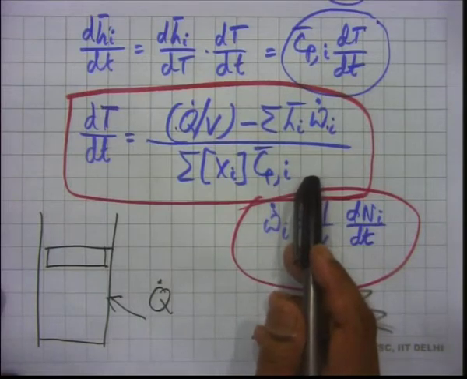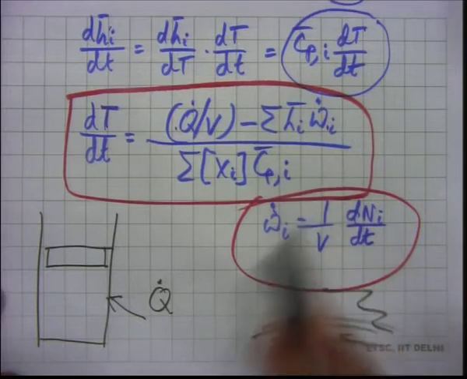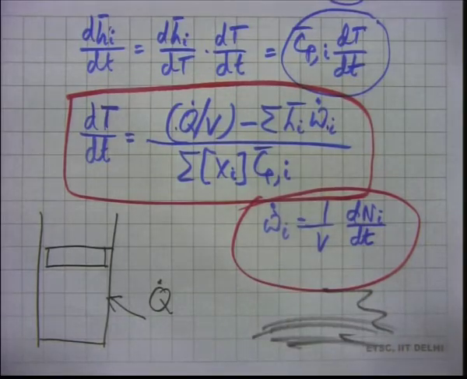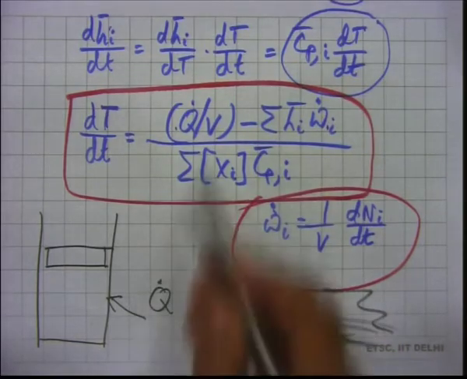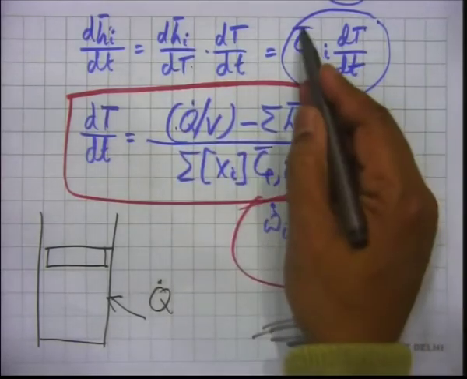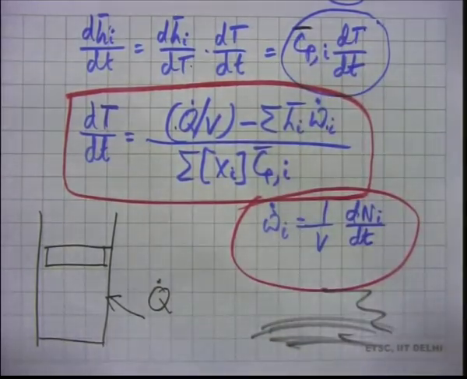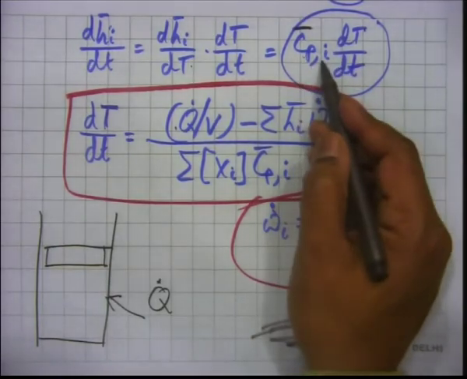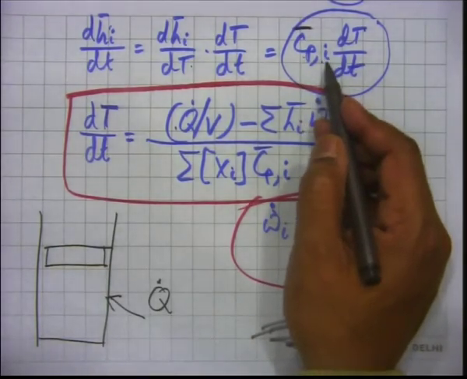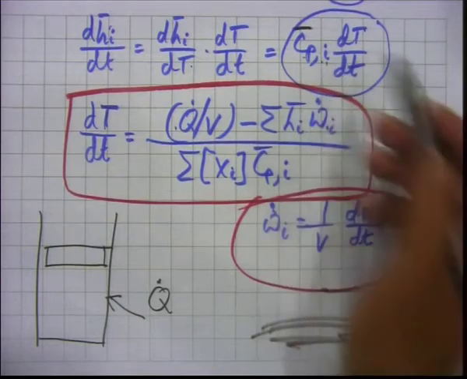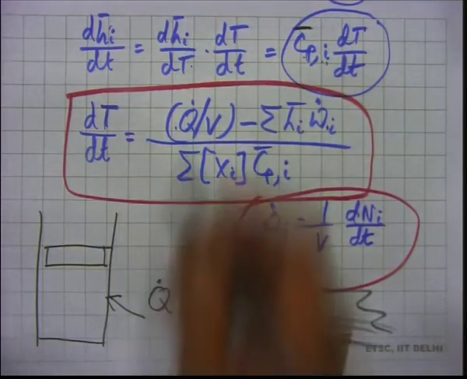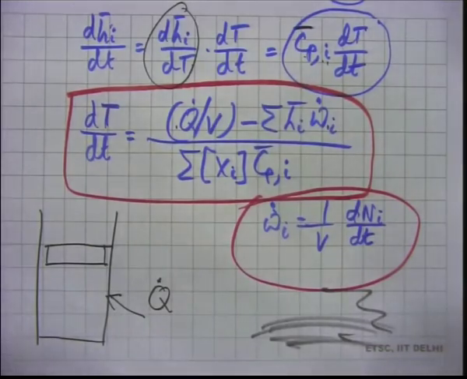We have already used ideal gas, but there what did we use? We just wrote dh i bar dt as Cp bar i. That is the only information that we have used, but Cp bar i in turn can be a function of temperature also, isn't it?